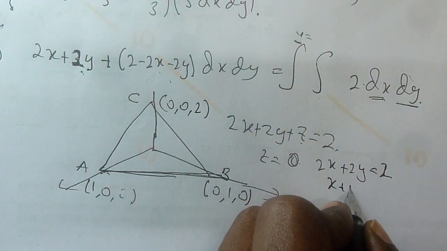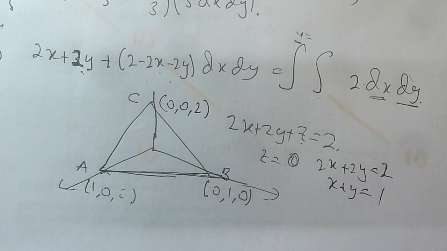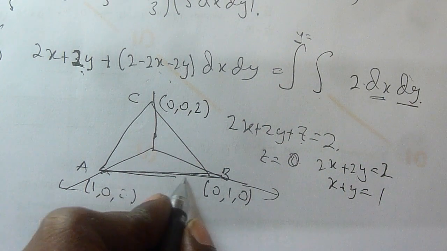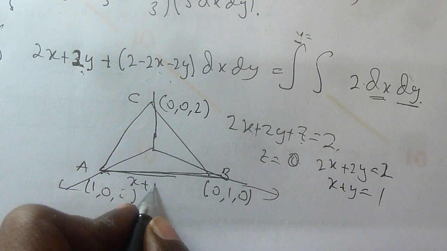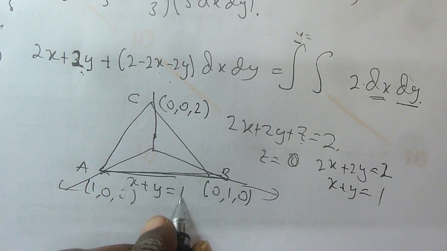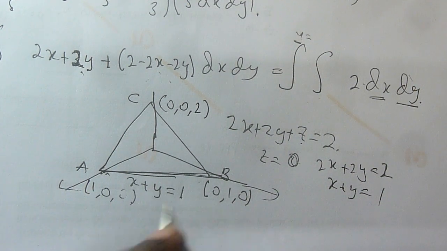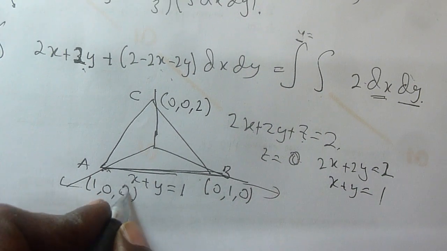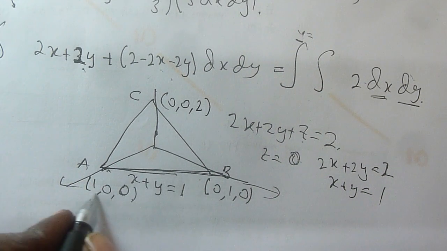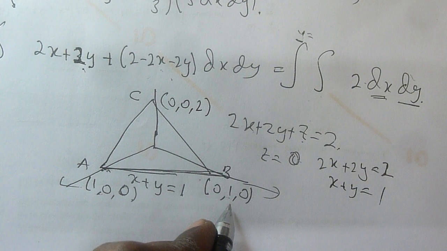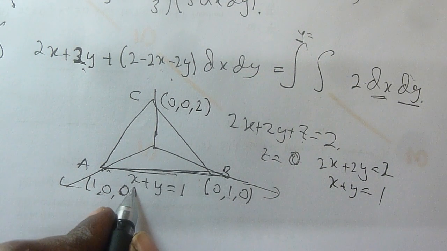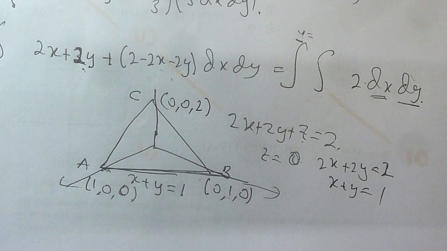Therefore, x plus y equals 1. Can you see that? This line is x plus y equals 1. You can verify also. Use these 2 points here, check and see. You can use anything else also.